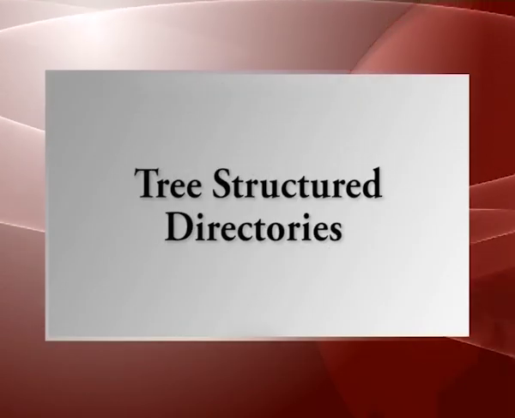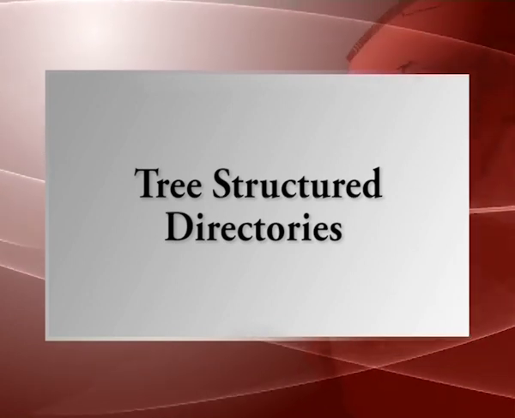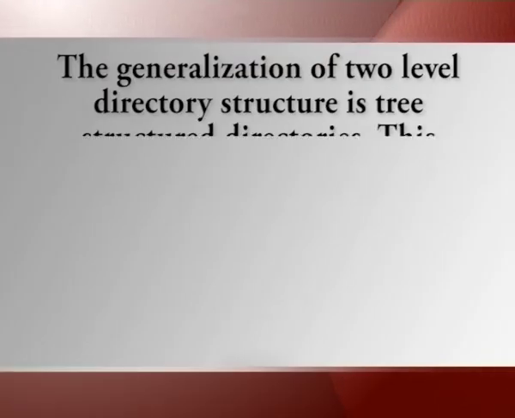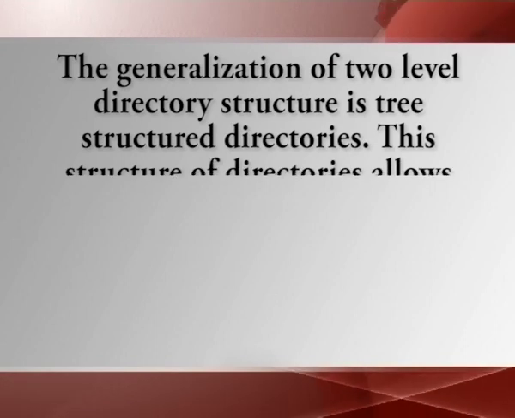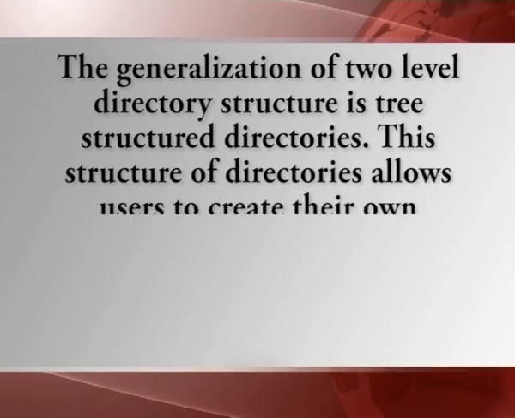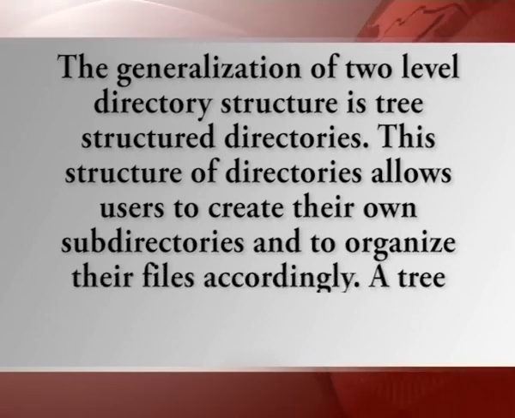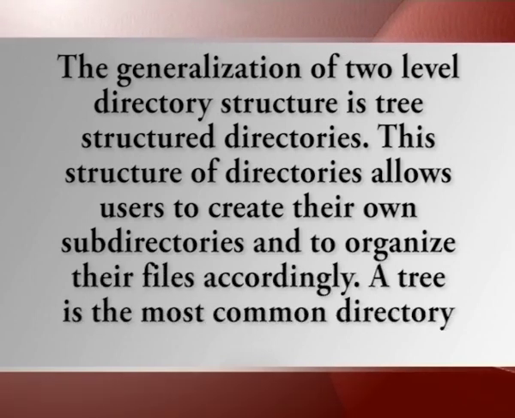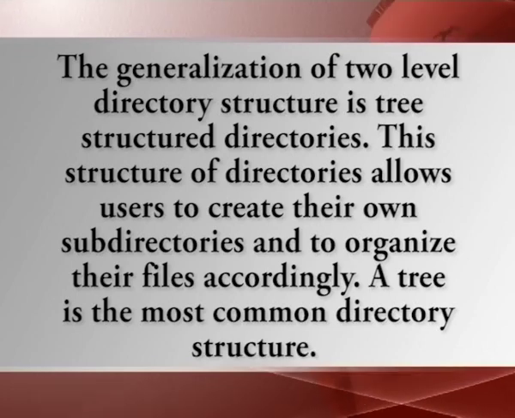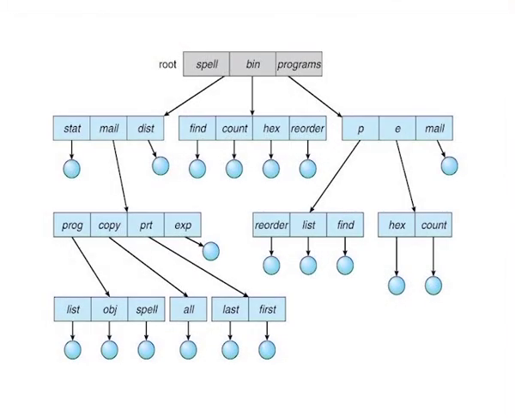Next, we have tree structured directories. The generalization of two level directory structure is tree structured directories. This structure of directories allows users to create their own subdirectories and to organize their files accordingly. A tree is the most common directory structure. The tree has a root directory and every file in the system has a unique path name, as shown in the figure.